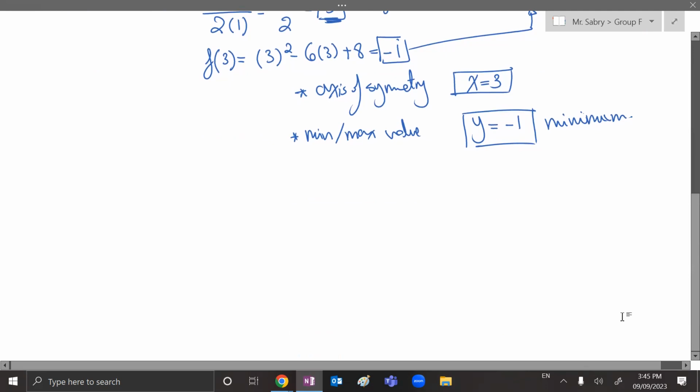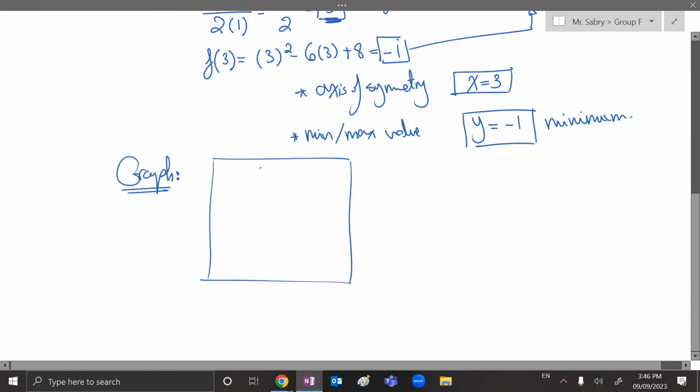Okay, what else do we need to understand? There's something else. How to graph. So in order to graph, there's a quick way and there's a long way. In order to graph, I can create this entire long table where I would get at least 5 points and use those points to graph. And there's another method.